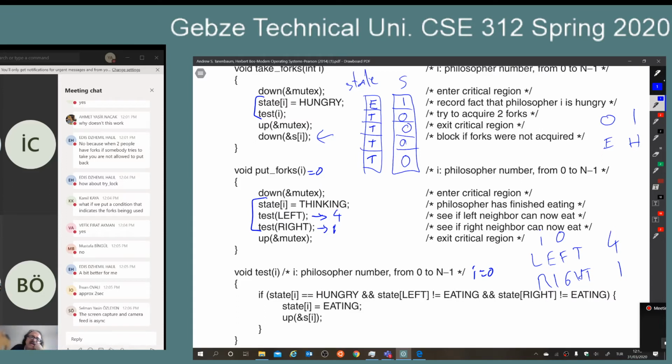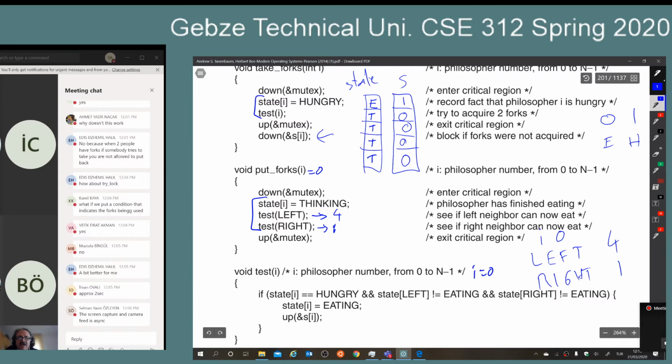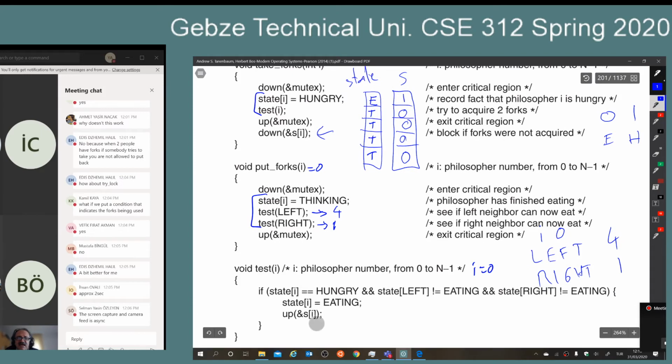If my left neighbor is hungry, if my neighbor's left, not my left, is not eating, if my neighbor's right, which is me, is not eating, I am not eating, then I will say that my left is eating, and I will up my left's semaphore.